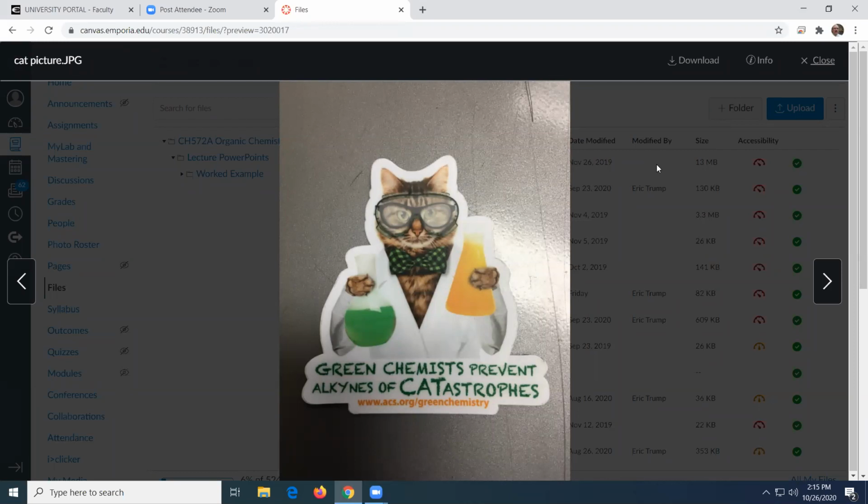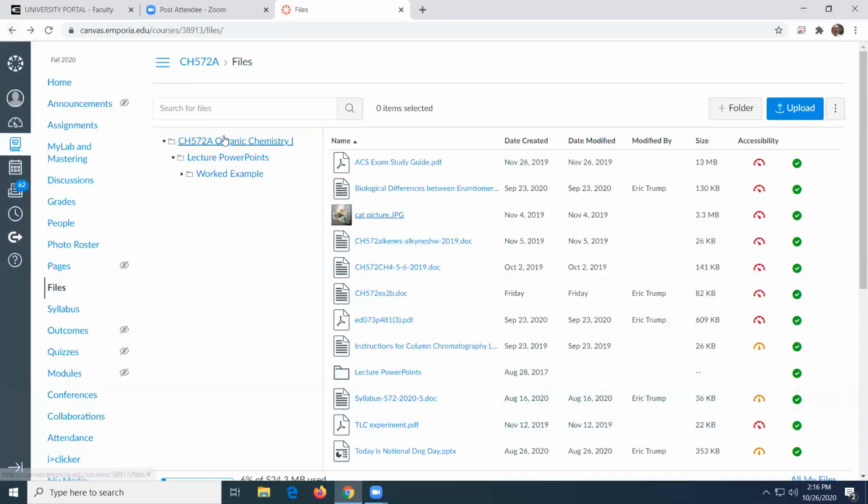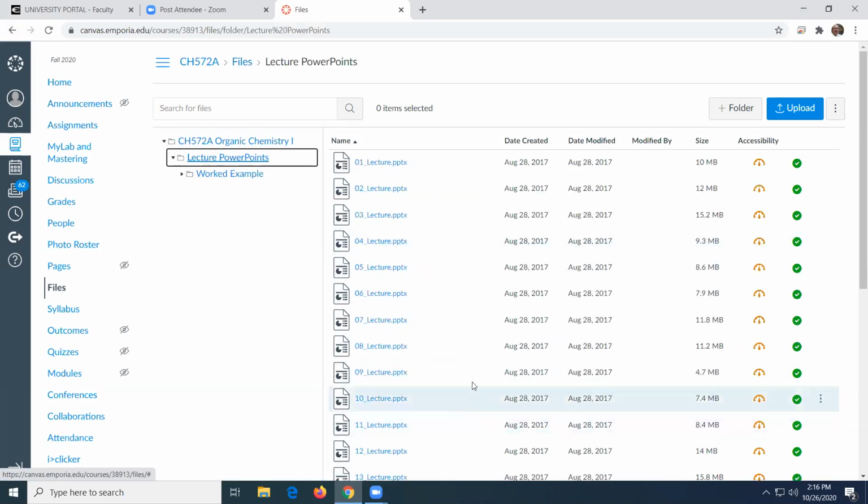This says green chemists prevent all kinds of catastrophes. So we're going to talk about alkynes next. This is chapter 9.